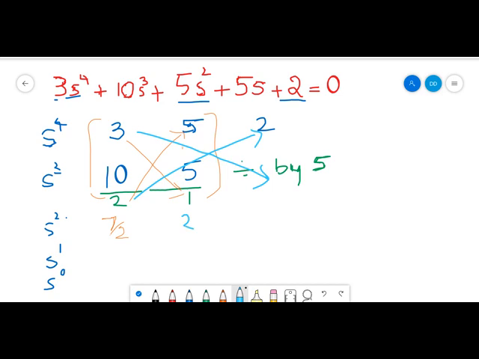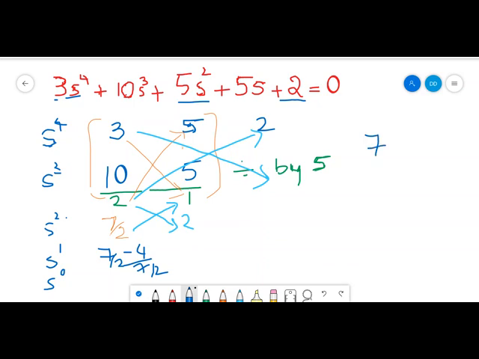What will be our next row element? It is 7 by 2 into 1 minus 2 into 2, divided by 7 by 2. What are we going to get if we simplify it?